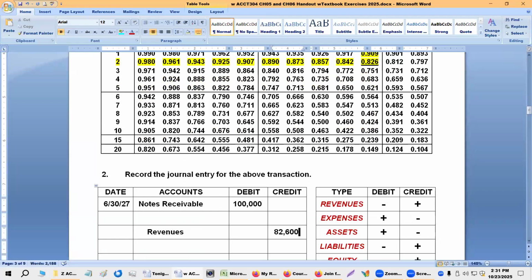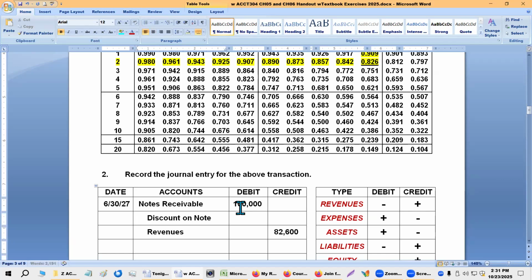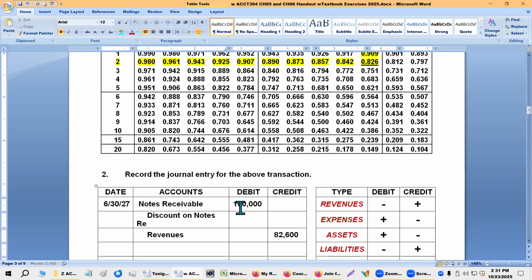And I know you're thinking, hey, something's wrong there. We're going to have a discount on the notes receivable. So discounts on notes receivable will be the difference between those two. It's 17.4.